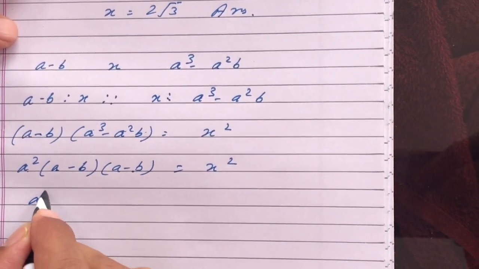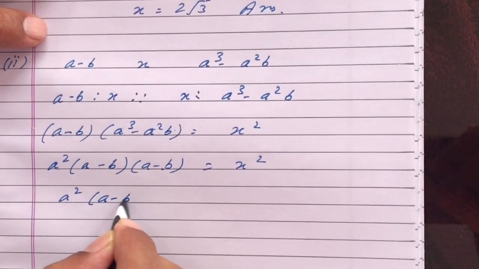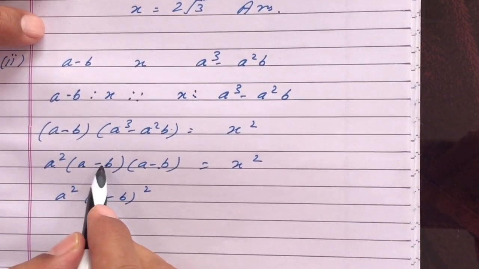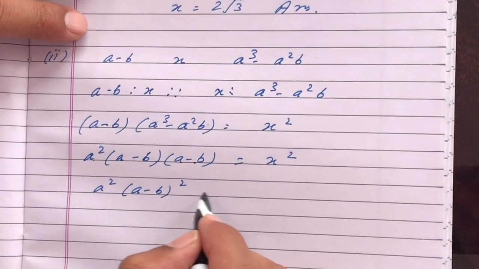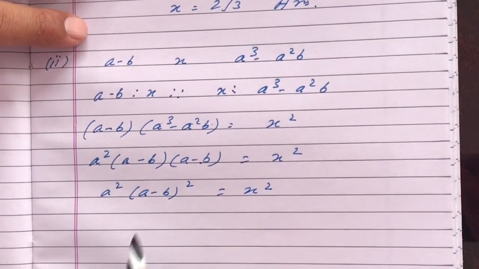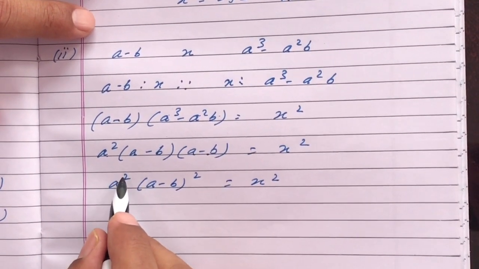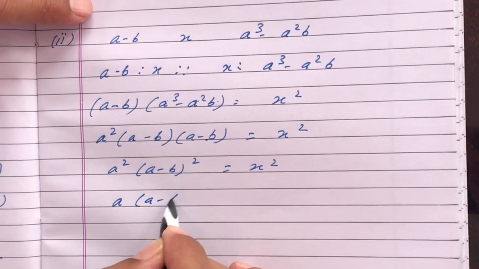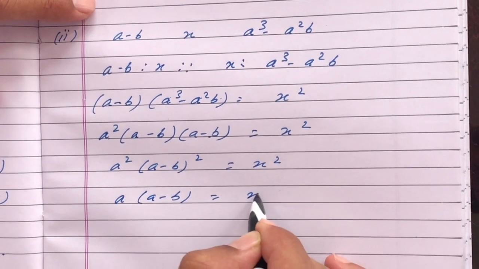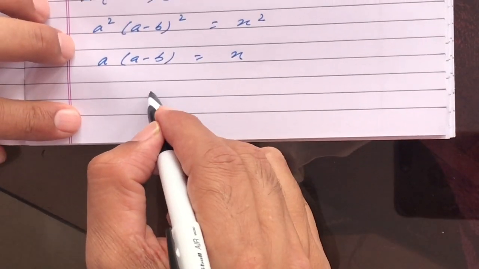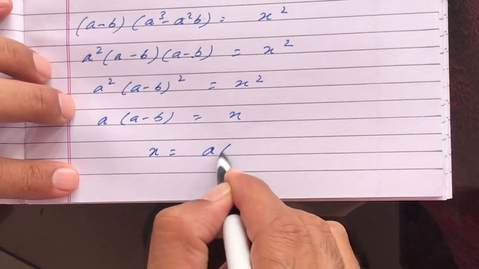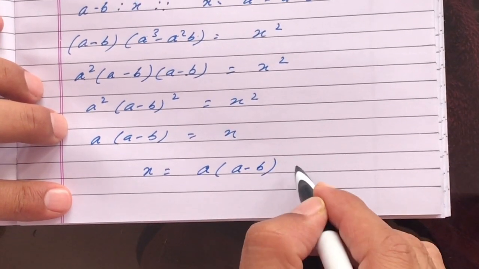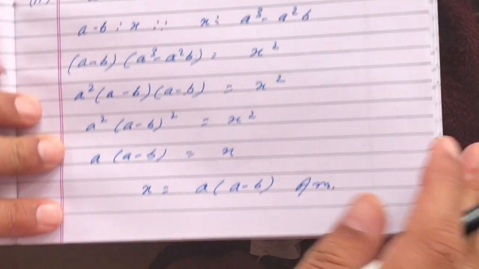So it is a square into a minus b whole square. X square, then I take root. Root of a square is a. Root of a minus b square is a minus b. So x is equal to a into a minus b. That is the answer.